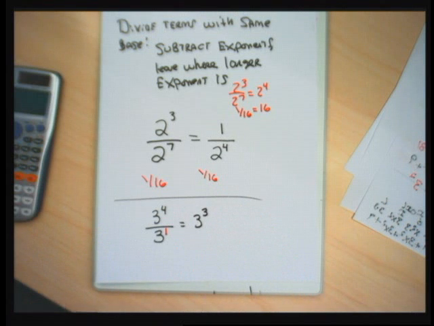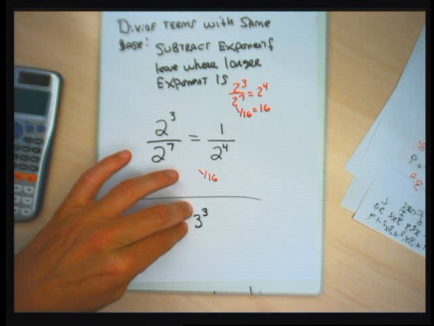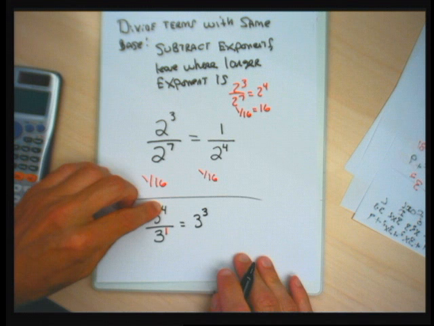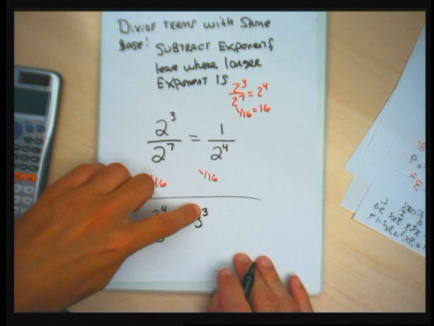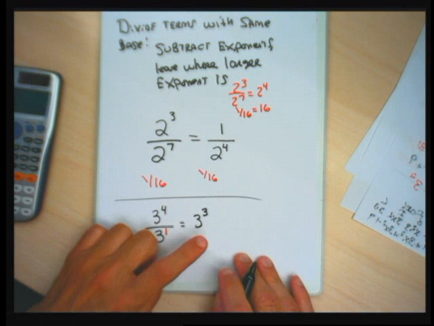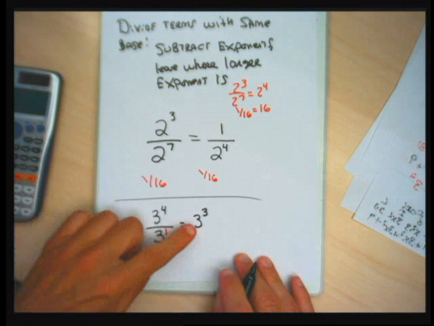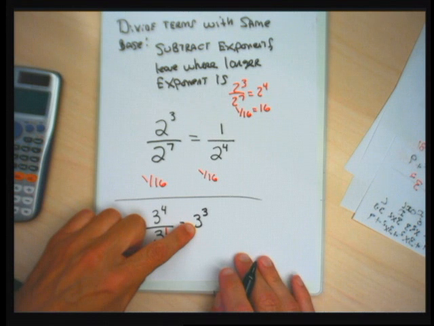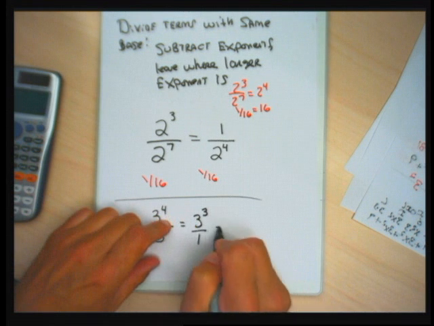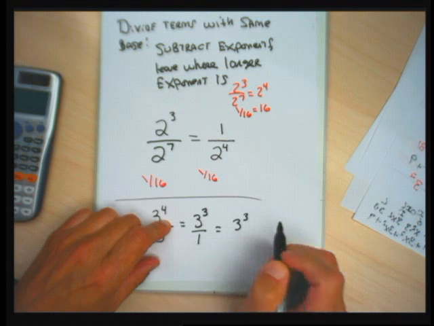Now I'm going to leave the 3 in the numerator because the bigger exponent 4 is in the numerator. I don't need to write a fraction anymore because what I have left in the denominator is a 1.